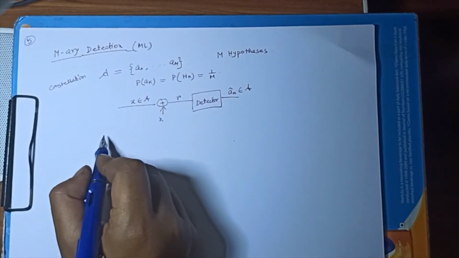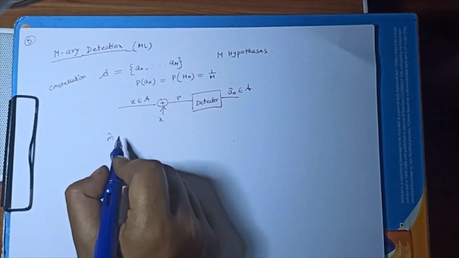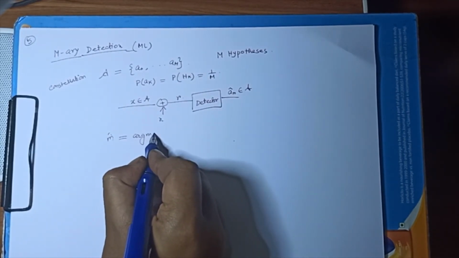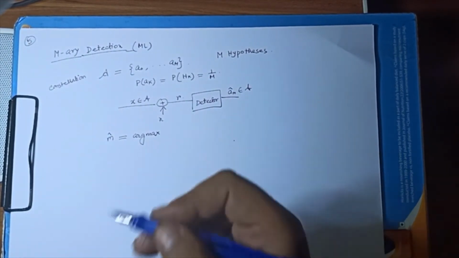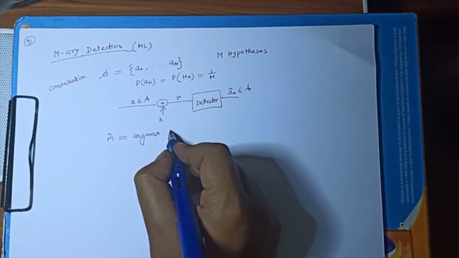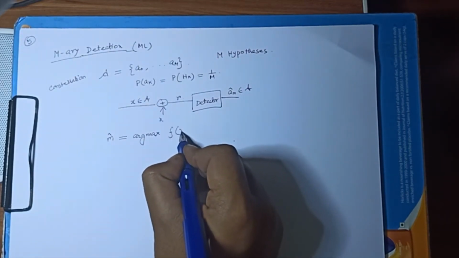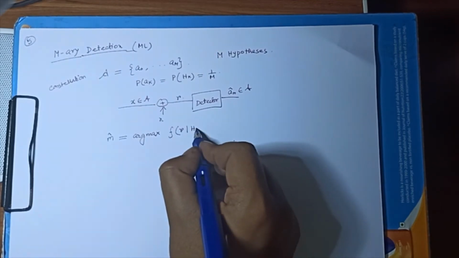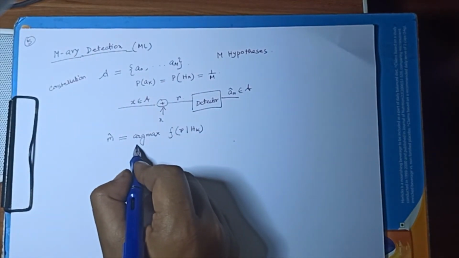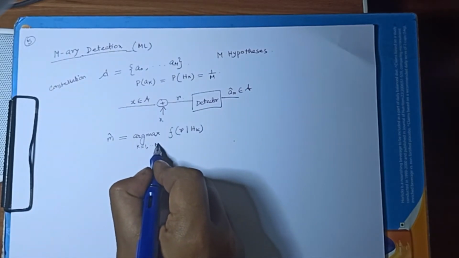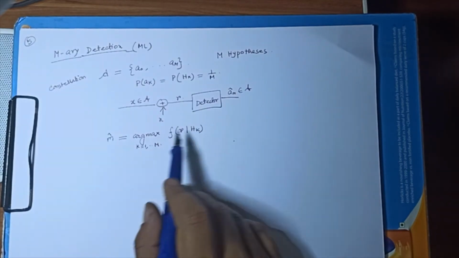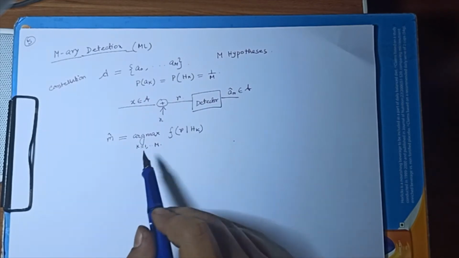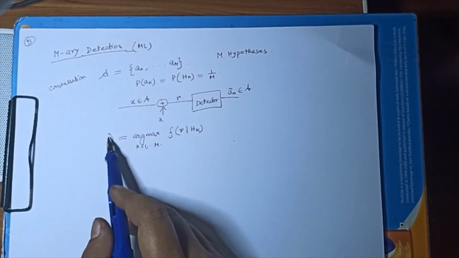So this m hat is basically the argument of the maximization problem of the likelihood or log likelihood function, which is f of R given Hk, and you are running for all k equal to 1 to M. So you compute all the likelihood expressions, you compute the maximum, and the k for which you get the maximum is basically the argument of the detection.